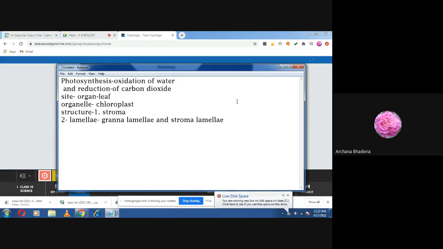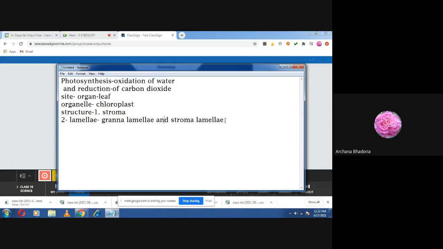Is it clear? The reasons we'll try to understand. Remember, the stroma has all the enzymes present in that fluid. The fluid inside the chloroplast has many enzymes, and they will help in the photosynthesis process.